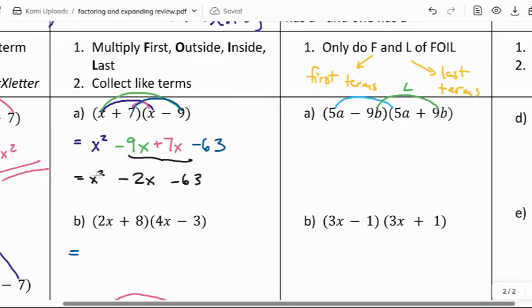Right? These are my last terms. These are my first terms. So what do I get? 25a squared. Positive times negative is negative, minus 81b squared.